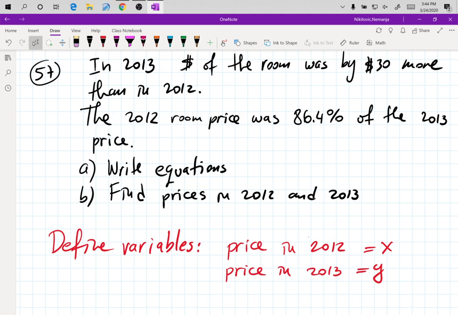First sentence is going to give us the first equation. So in 2013, the price of the room was 30 more, right? By 30 more.